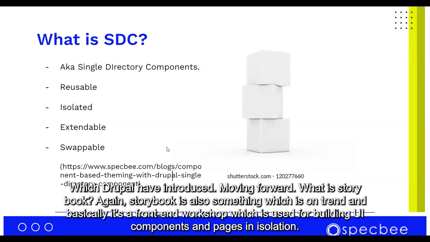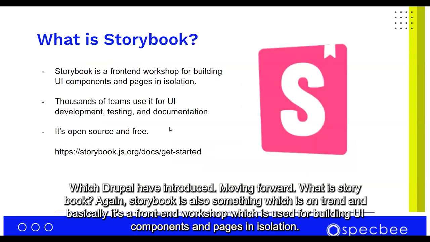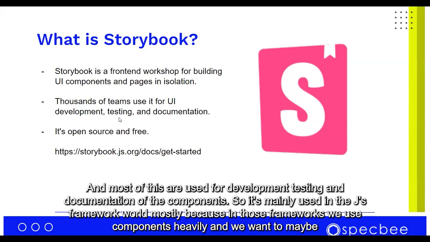Moving forward, what is Storybook? Again, Storybook is also something which is on trend, and basically it's a front-end workshop used for building UI components and pages in isolation. Mostly it is used for development, testing, and documentation of the components.